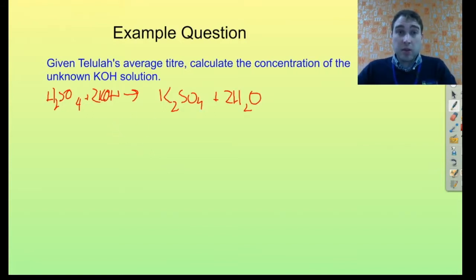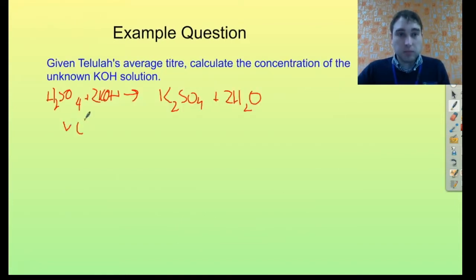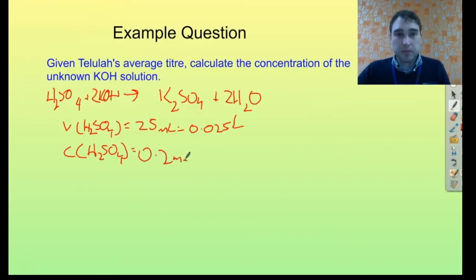So if we go back to the question, we can see that the volume of sulfuric acid is 25 mL and the concentration is 0.2, so we'll write that down. So turn that into litres, and my concentration. Alright, so now I can figure out my number of moles of sulfuric acid because I've got the volume and concentration.